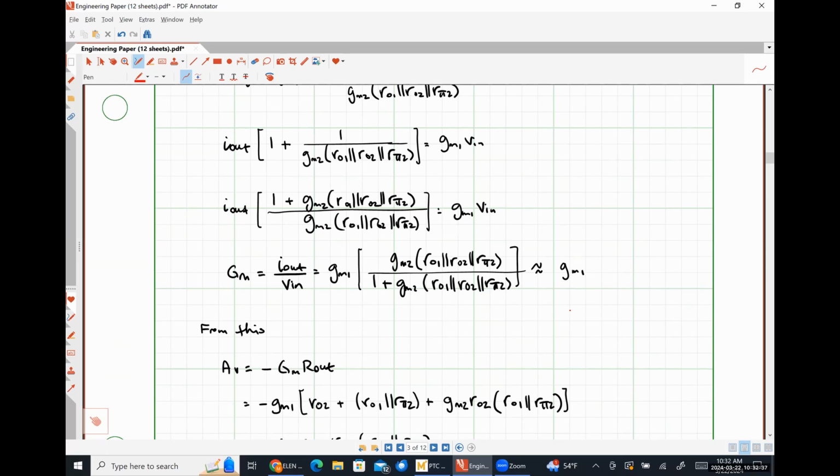So we have gm2 times r0_1 in parallel with r0_2. If those transistors are matched, that's effectively just 1/2 gm2 r0 over 1 plus 1/2 gm2 r0. Again, it's still something that's very close to, something a little bit smaller than, what's below it. So it's going to look about like 1.